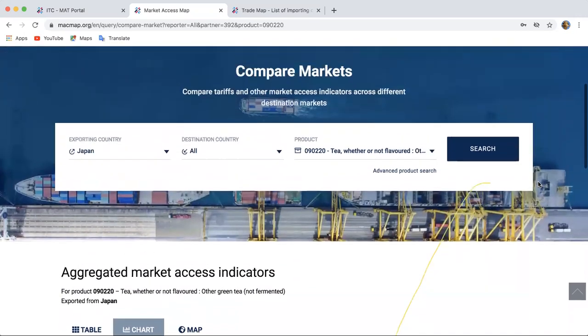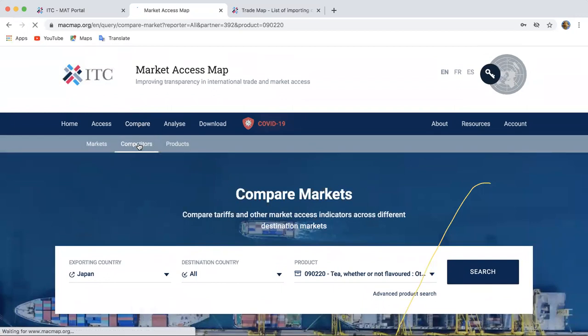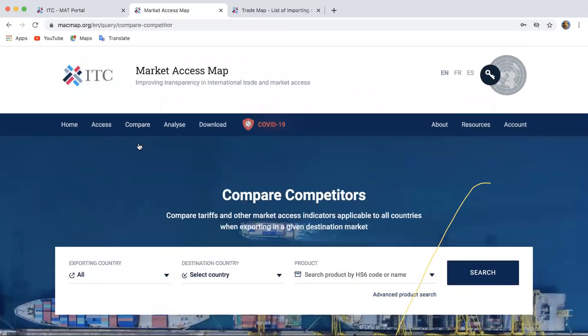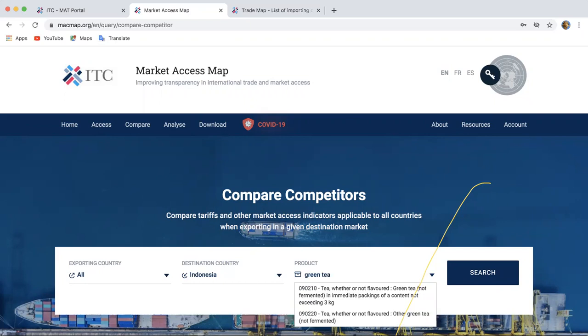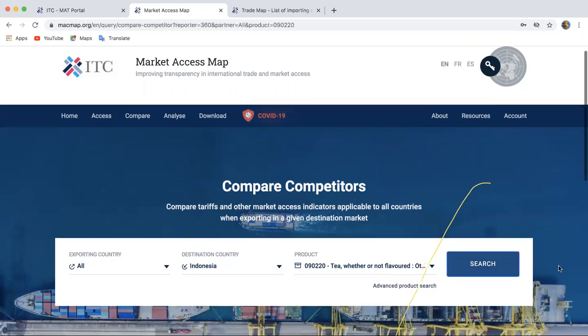And this has a similar logic when we look into competitors. So we want to see how other exporting countries do in the Indonesian market. So we go to destination country, Indonesia, green tea, more than 33 kilos, and we search.